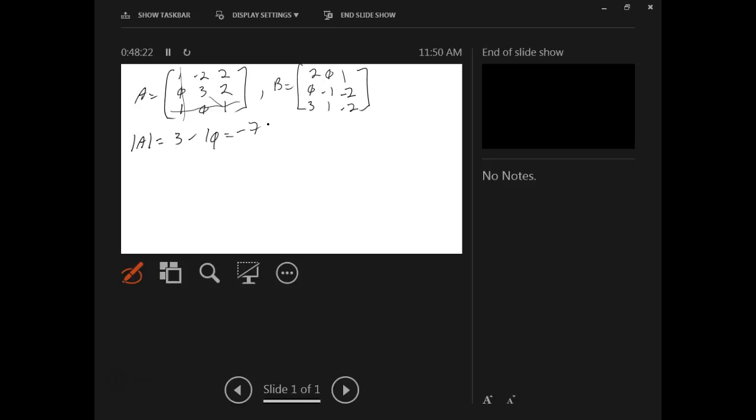Let's look at matrix B. And we're going to do the determinant of B. First row, first column would be good choices, or second row or second column would be good choices.